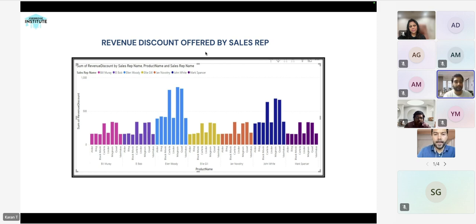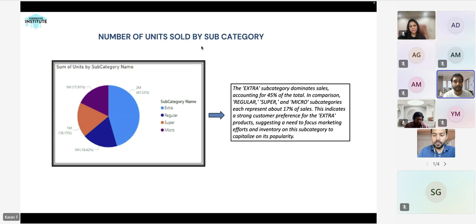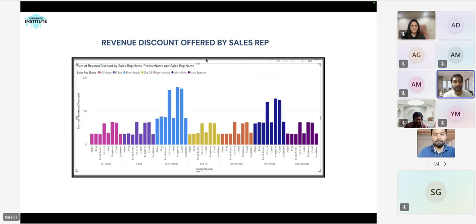So this analysis is crucial for balancing competitive pricing with profitability. And based on this analysis, we recommend implementing a more structured discount policy to ensure profitability while remaining competitive.